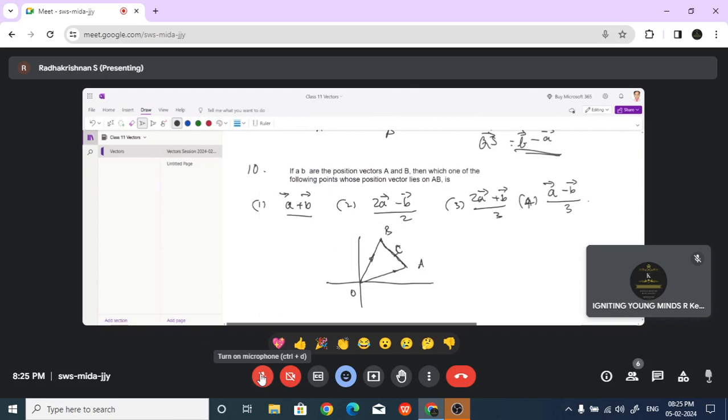Okay. This is called the section formula, you would have seen it in geometry. So the same thing applies in vectors also.